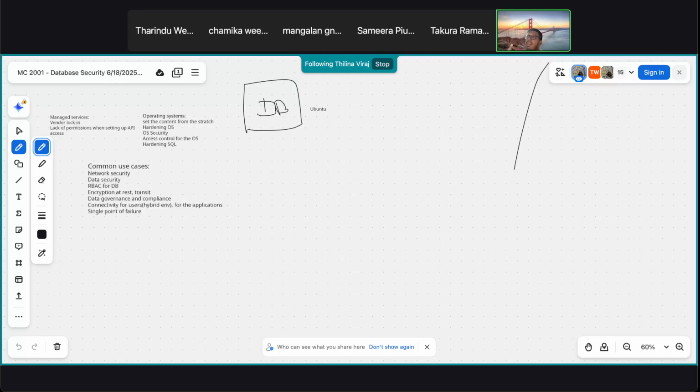Then you have to spin up a new operating system, get the SQL or NoSQL or whatever database engine you have put into that, and then put the data back. So there are a lot of steps needed. But in a managed services environment, you will not be worrying about that because you do not have that risk at the moment. You just transfer that risk to a third party, a cloud provider.